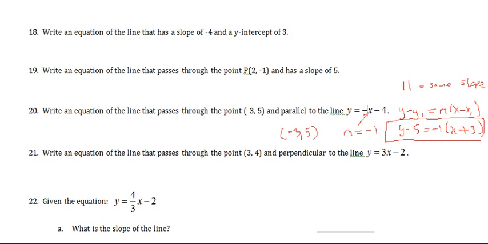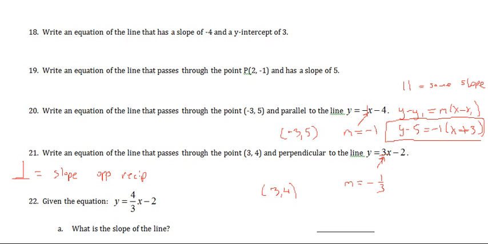Next one, perpendicular line. Remember, perpendicular lines' slopes are the opposite reciprocal. Opposite reciprocal. Okay? Which means that if I have this, the slope of the other line is going to be the opposite. Instead of a positive, it now becomes a negative. Instead of a 3 over 1, it now becomes a 1 over 3. And we have this other point, which is 3, 4.